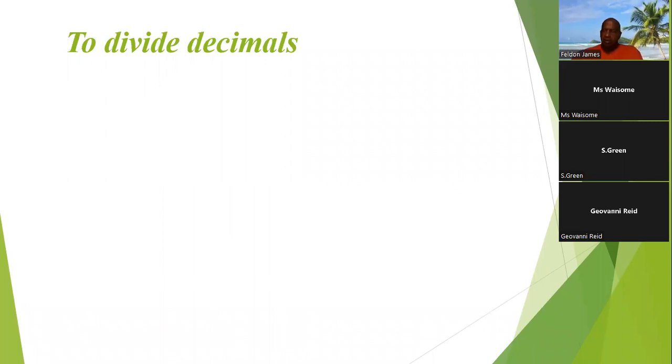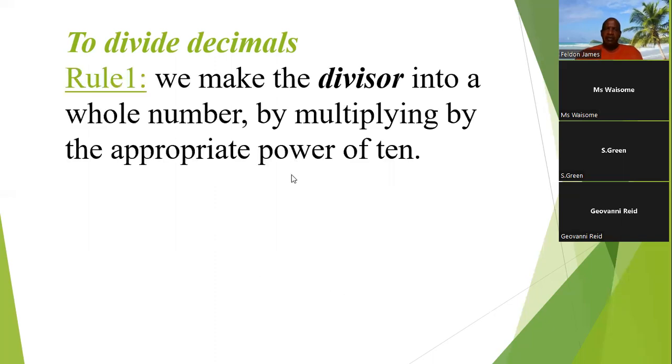All right, now, we have rules for dividing decimals as well. So the rule is we make the divisor into a whole number by multiplying by the appropriate power of 10. All right, what do we mean by that? Can anybody interpret what I've just said?